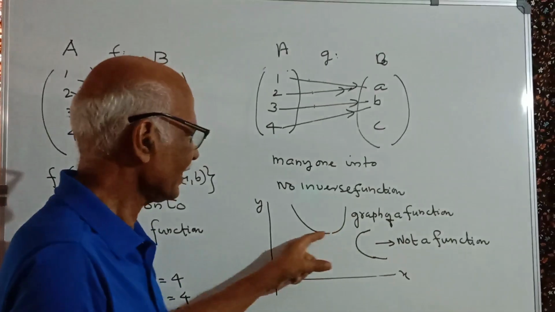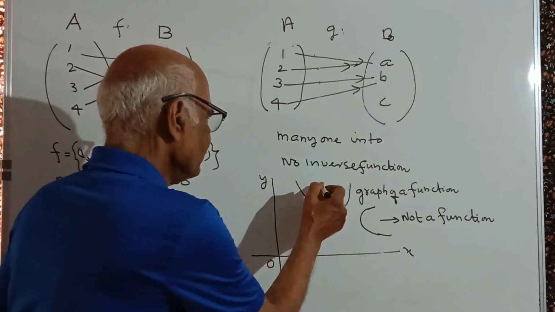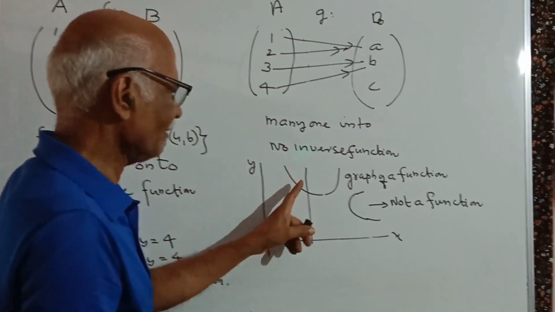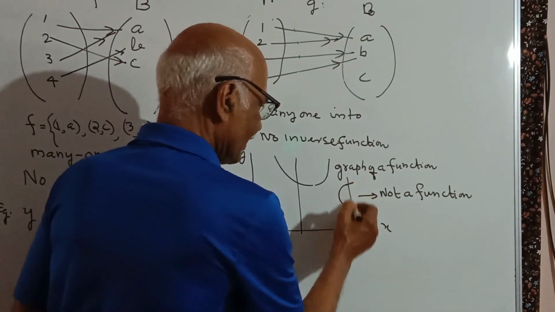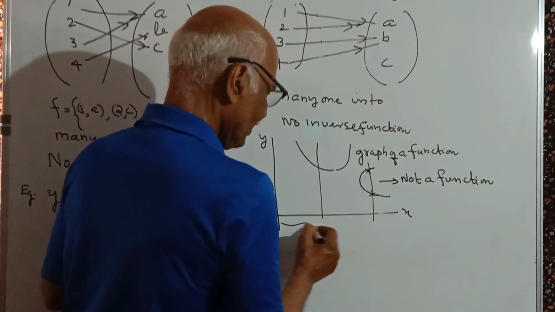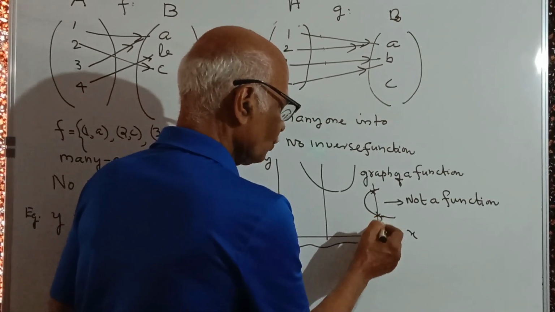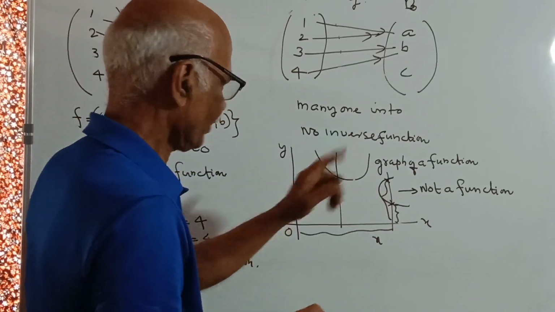Now you can see this is the graph of a function. A vertical line will cut only at one point. Now this is not a function because a vertical line cuts at 2 points. So for the same value of x, you get two values of y. So it is not the graph of a function.